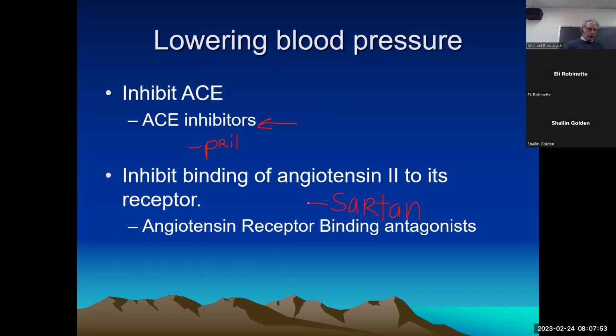So you have in your notes lists of some of these drugs. I will call your attention to them.